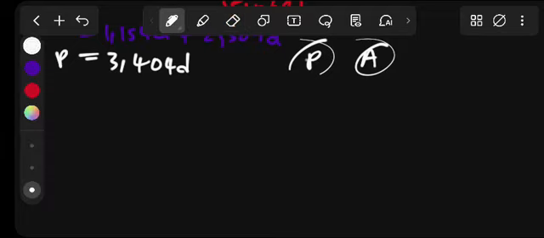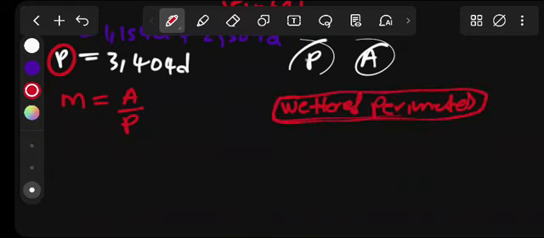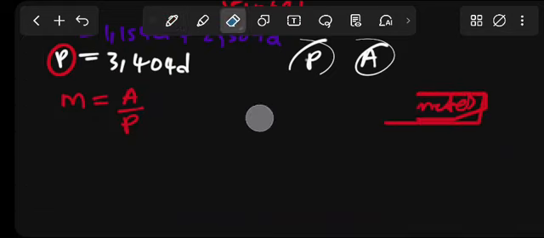So from that, we want to prove that M is equals to what, guys? Area divided by weighted perimeter. Anyways, this is not simply the perimeter that we know, the exact perimeter. This is simply a weighted perimeter. Weighted perimeter is not necessarily a perimeter, it's a weighted perimeter. I've explained this on my channel.